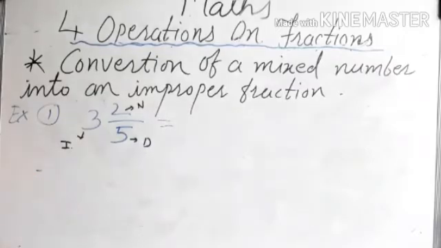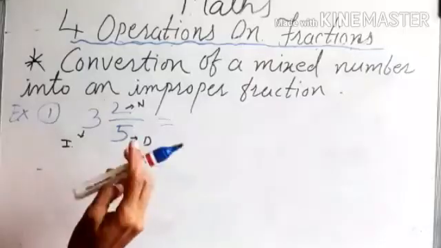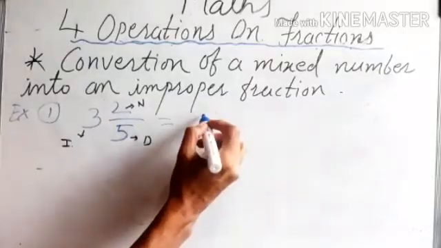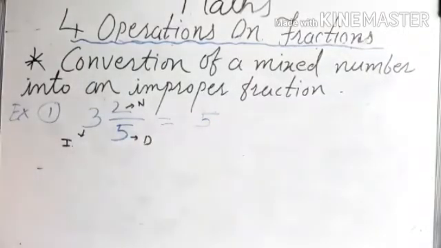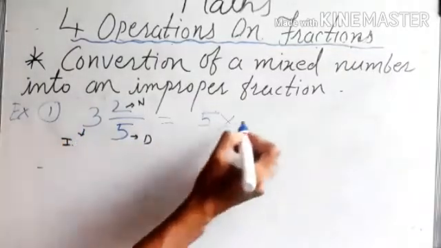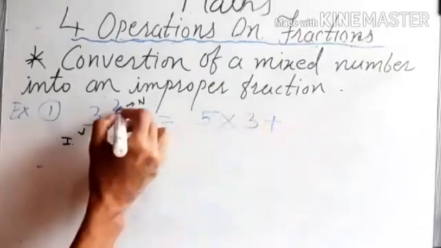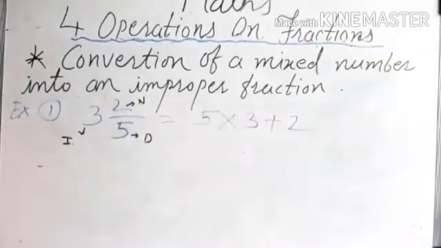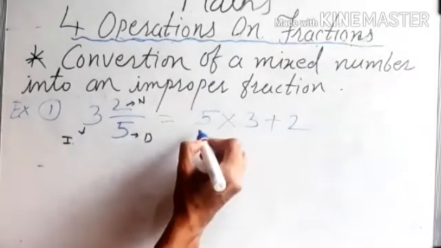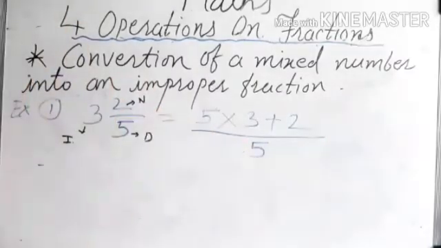First you will write the denominator, that is 5. Then you have to multiply with this integral number, which is 3. Then you have to add this numerator, that is 2. And then upon the denominator you will write again as it is.